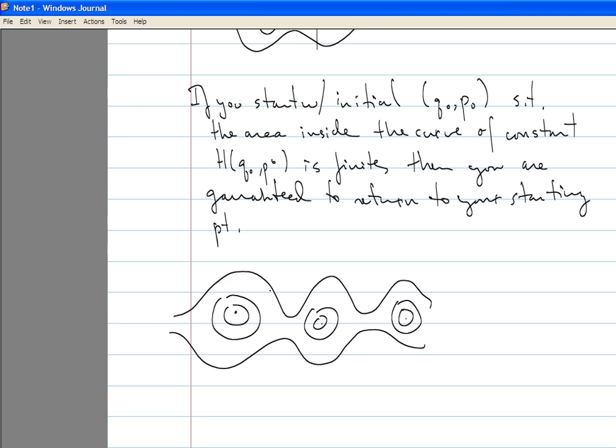So, on one of these trajectories, the motion would be bounded, whereas on one of these trajectories, the motion was unbounded. So, for the time being, we will just restrict ourselves to the case where the area inside this curve is finite, and so you return to your starting point after some time t.